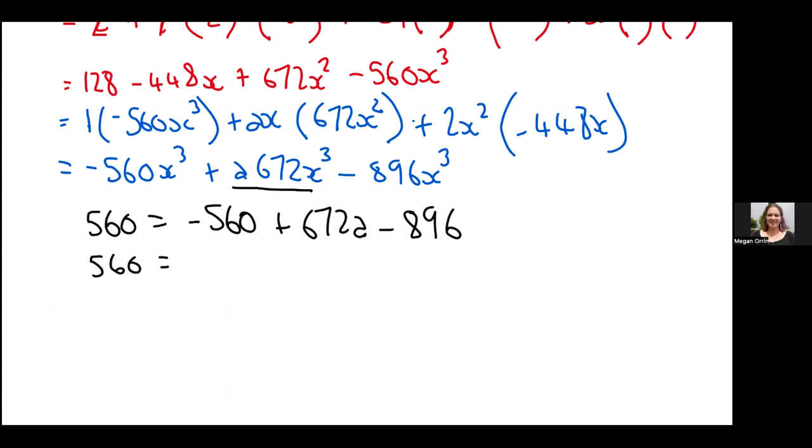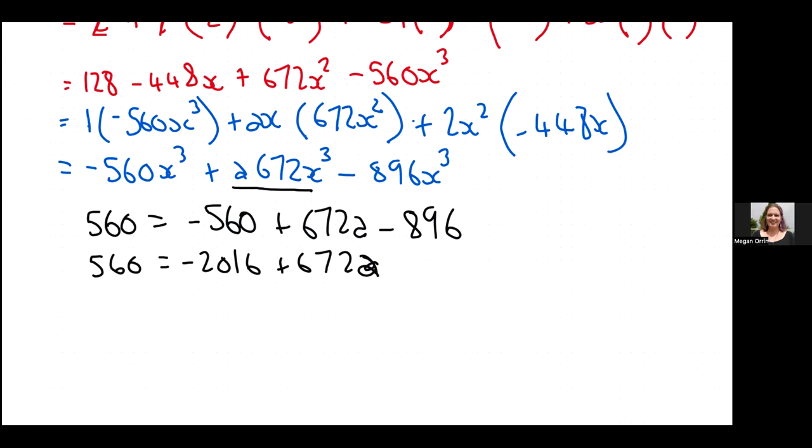So 560 equals 2016. Negative 2016. Yeah, that's right. Oh, I've written it backwards. I've just skipped a couple of steps.